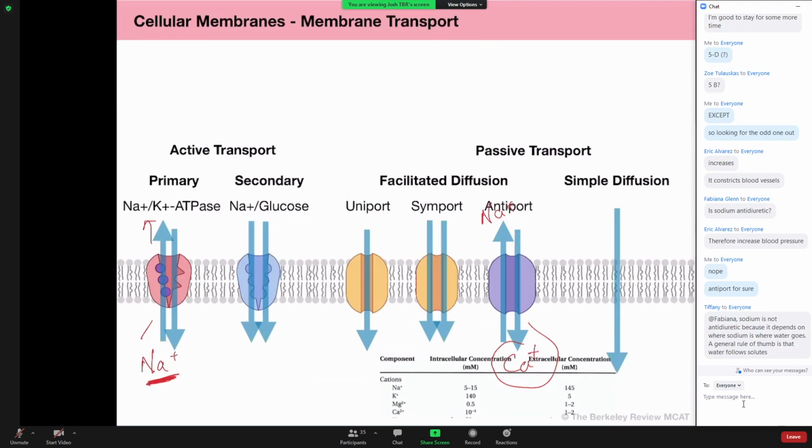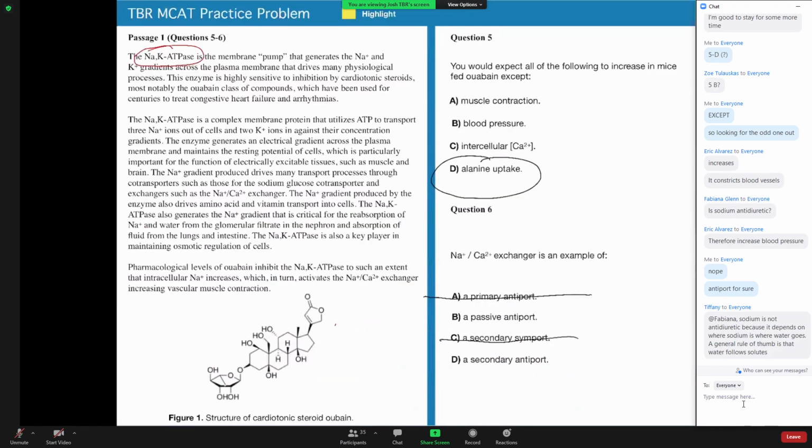It's not, because we're going to eventually need to get these calcium out of here. So it's actually not passive, which makes D the best answer. And this might not be the fairest question. They might have to give you a little bit more information. But D is the best answer in this case.